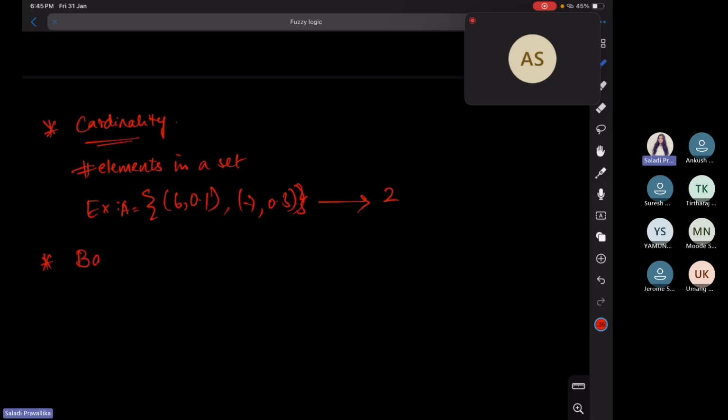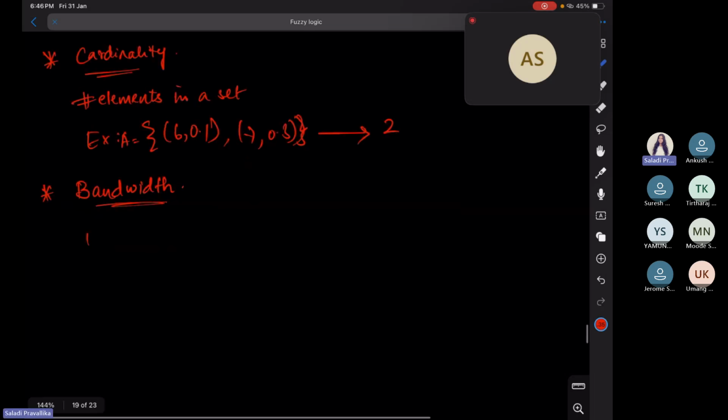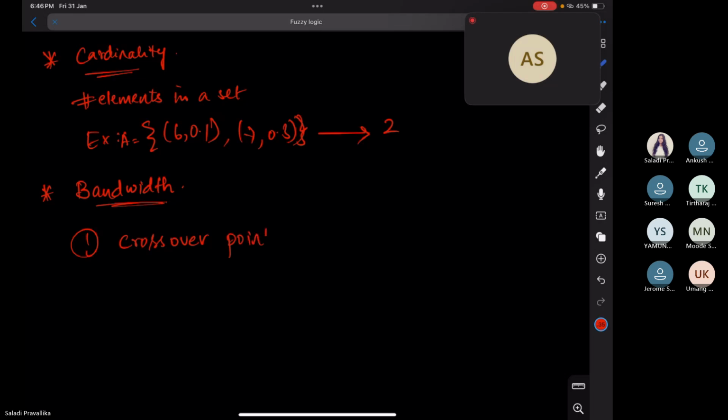Then we have bandwidth of a set. To calculate the bandwidth, the first step is to find the crossover points.